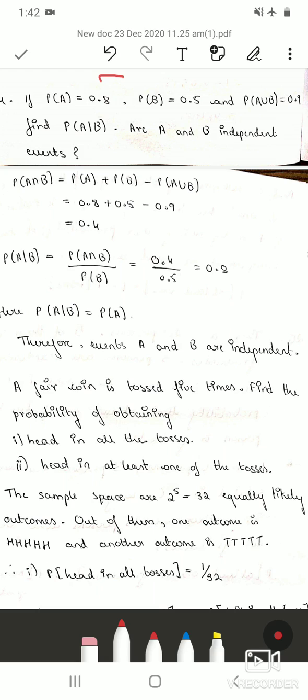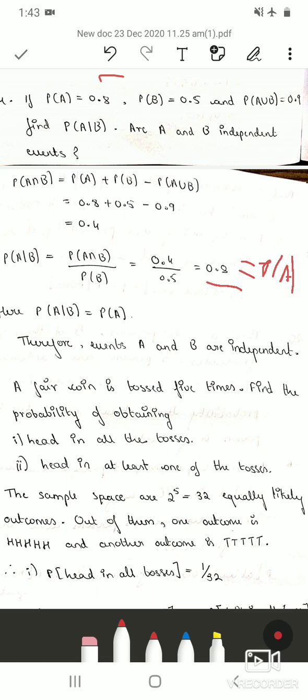Here we can see probability of A given B is equal to probability of A. So we have probability A as 0.8. So in the definition of conditional probability, we had seen if probability of A given B is equal to probability of A, then we can say event A and B are independent.